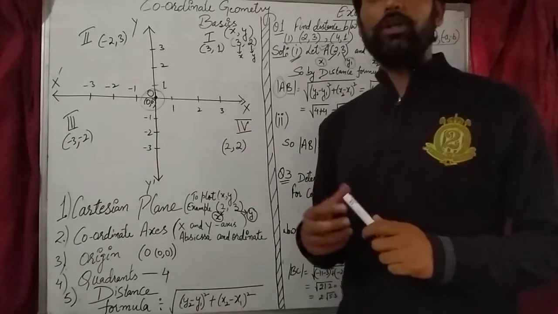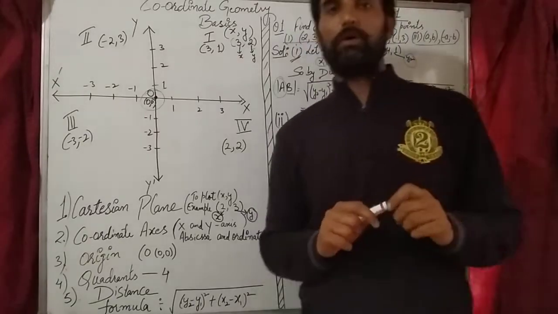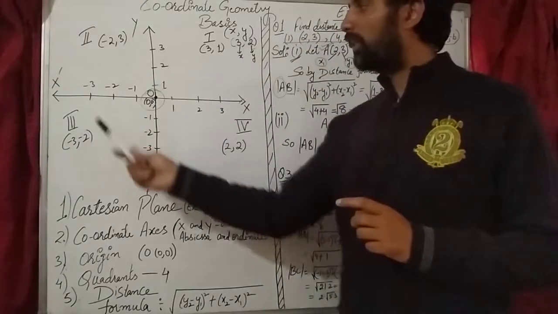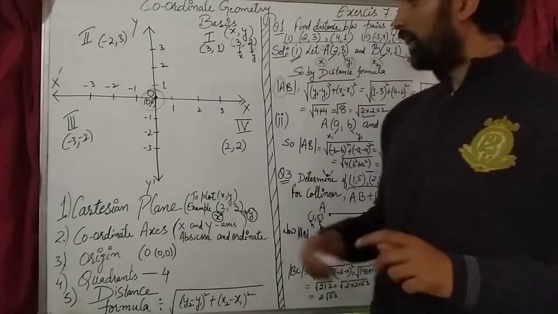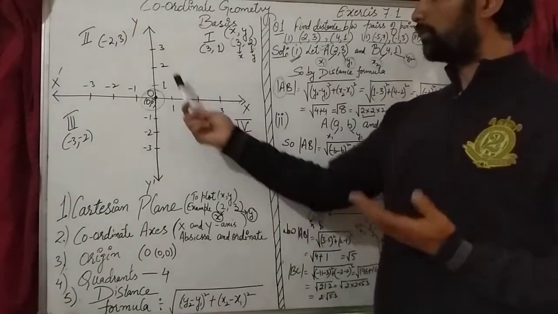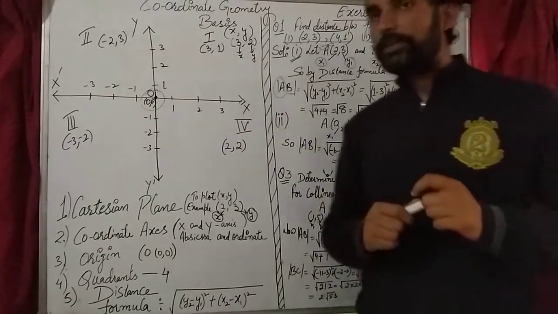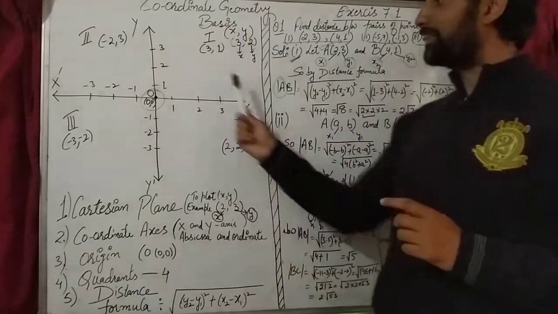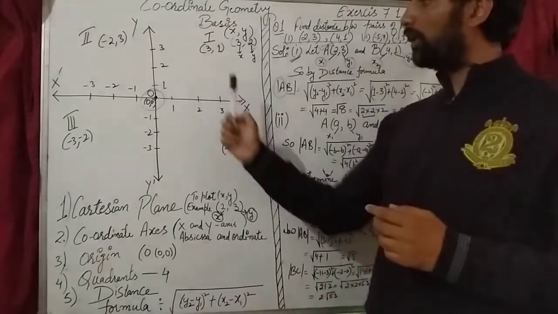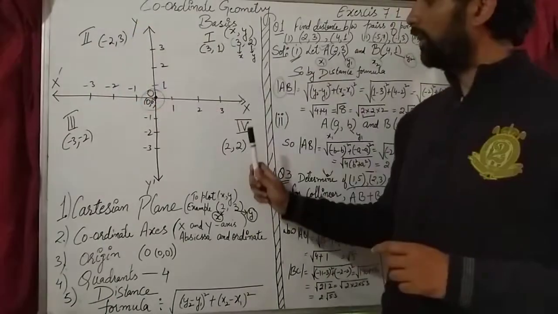When we plot Cartesian points, which are in the form of x comma y, in this plane, that is known as the Cartesian plane. Here I just mentioned 1, 2, 3, some numbers in the positive and the negative to understand a few important things. When we plot the coordinate axes, they divide the plane into 4 quadrants: first, second, third and fourth.